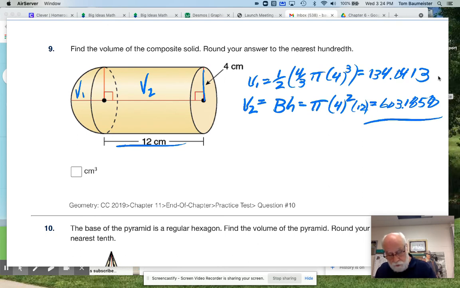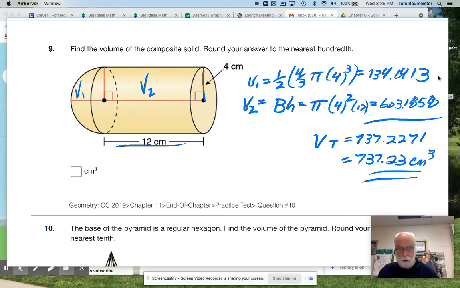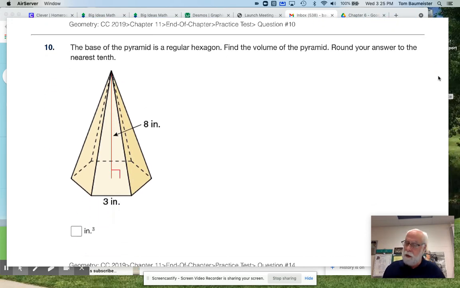And then our V total is going to be 737.2271. And again, they're asking us to go to the nearest hundredth, so that will equal 737.23. And again, this one's centimeters cubed. Okay. Man, this is pretty easy, people.